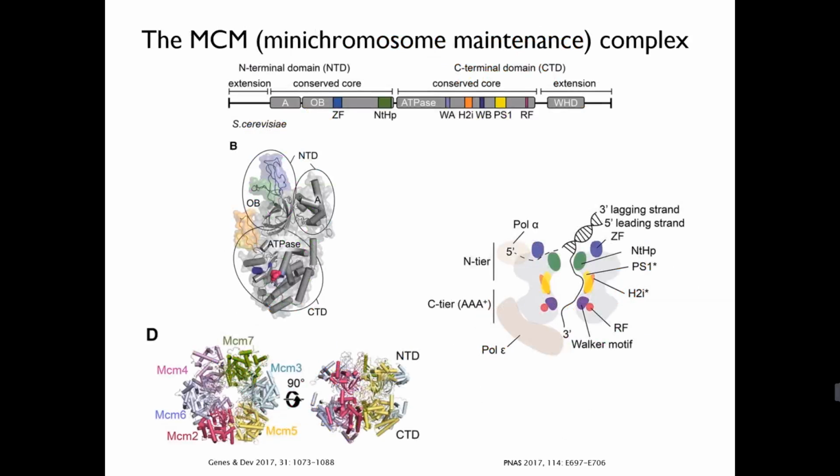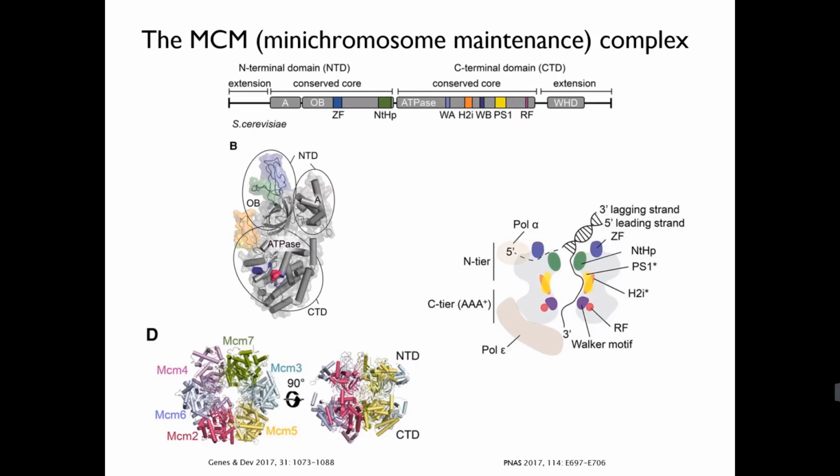All right, so here is the MCM complex from eukaryotic cells, what we were just talking about a few minutes ago. This is the DNA helicase that unwinds DNA during DNA replication in all eukaryotes. It is, as the other enzymes I showed you, composed of 6 subunits. But in this case, the 6 subunits are distinct from each other.